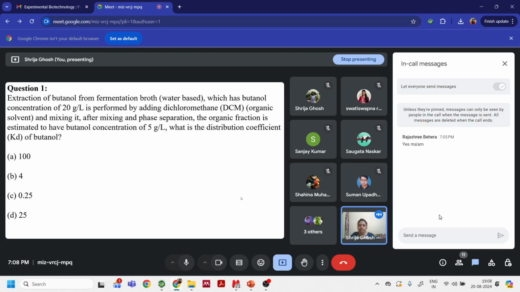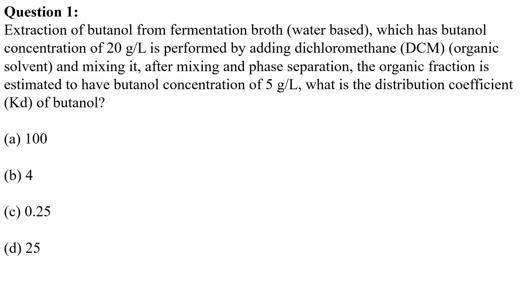Now let's see. The concentration of butanol is 20 grams per liter. Out of that, 5 grams per liter is going into the organic phase. So I have to take the ratio of how much butanol is in the aqueous phase to how much is in the organic phase.